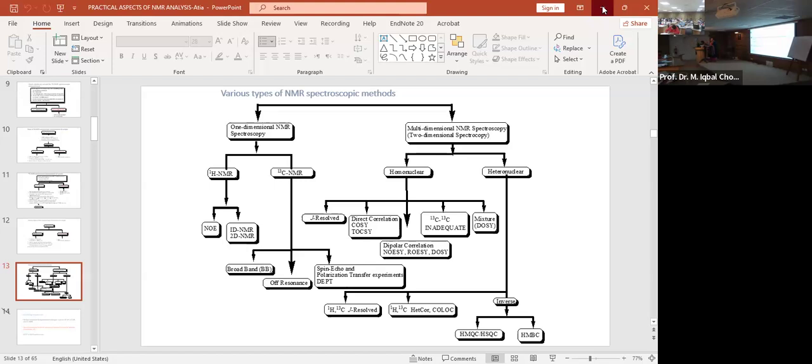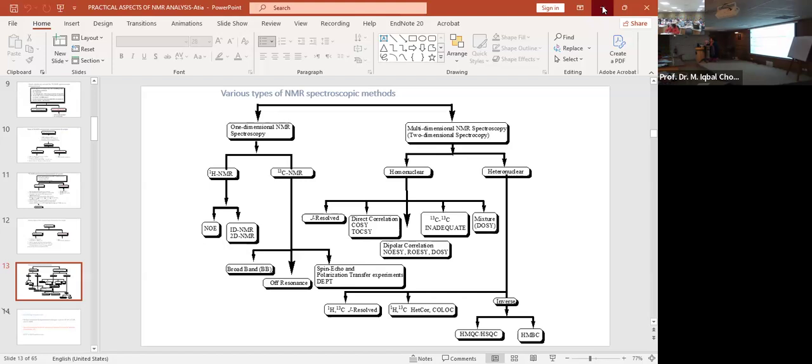We are not writing Tesla on this equipment. Dr. Iqbal told you that 800 megahertz is 18.8 Tesla, but we are not writing it. We are using proton as a standard and we are just used to it.